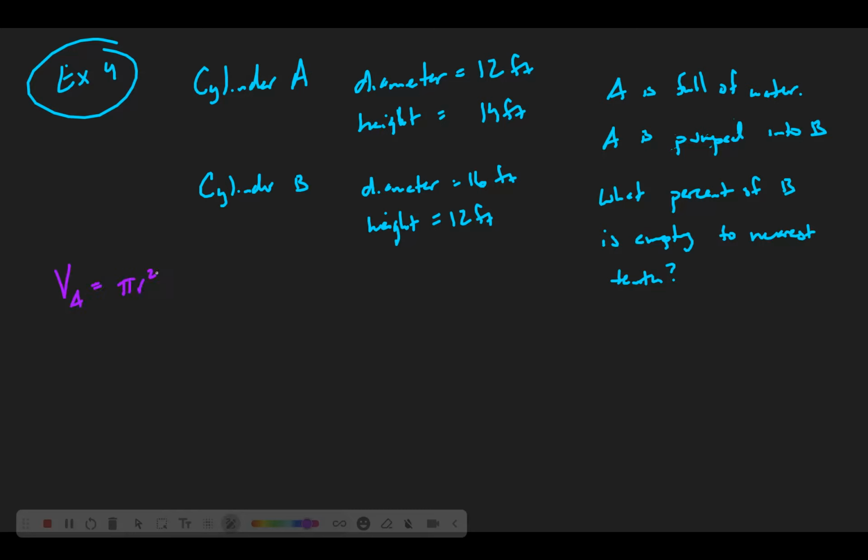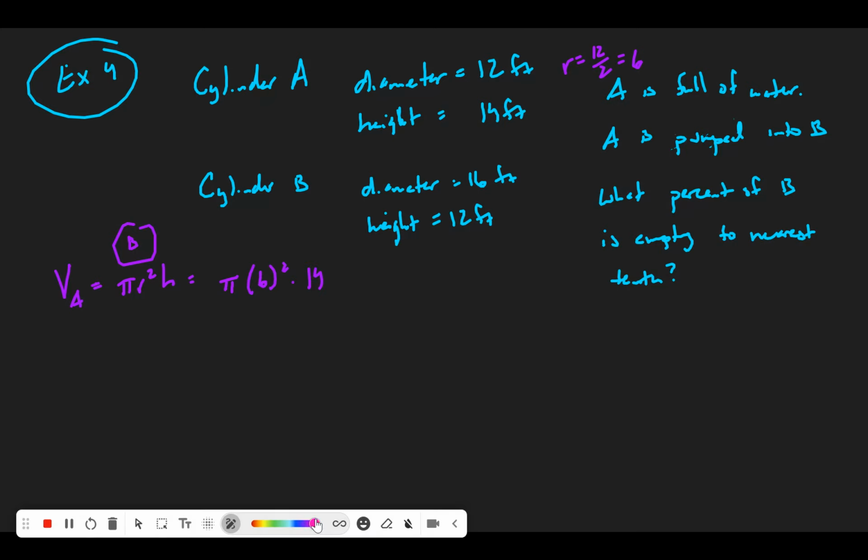Again, it's a cylinder, pi r squared h. Again, the area of the base is pi r squared. So this is going to be pi. Now it gives me the diameter is 12. So to find the radius, we take half of 12, which is 6. So 6 squared, and then the height is 14.